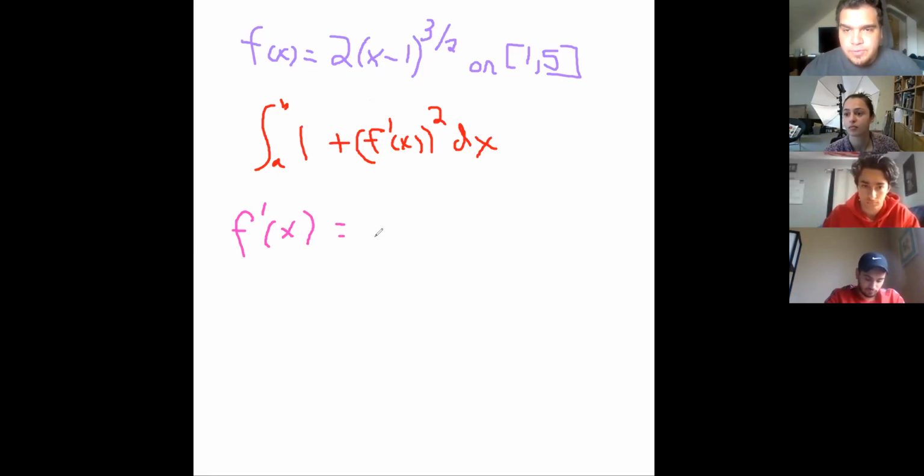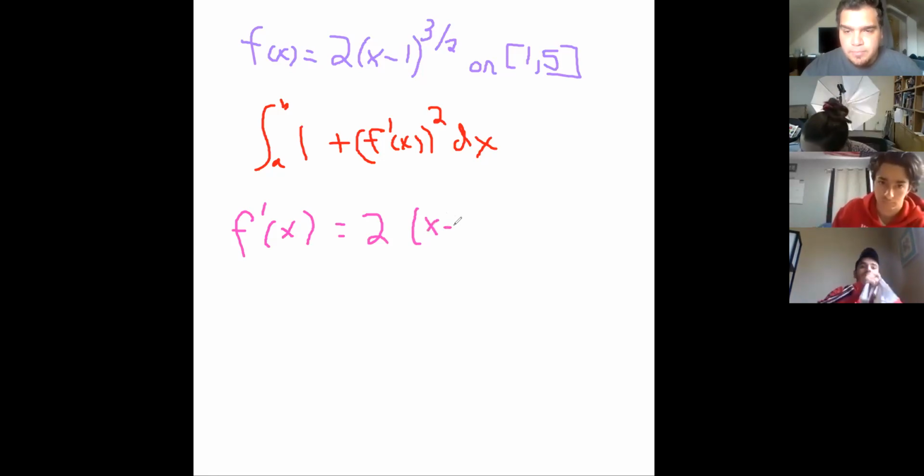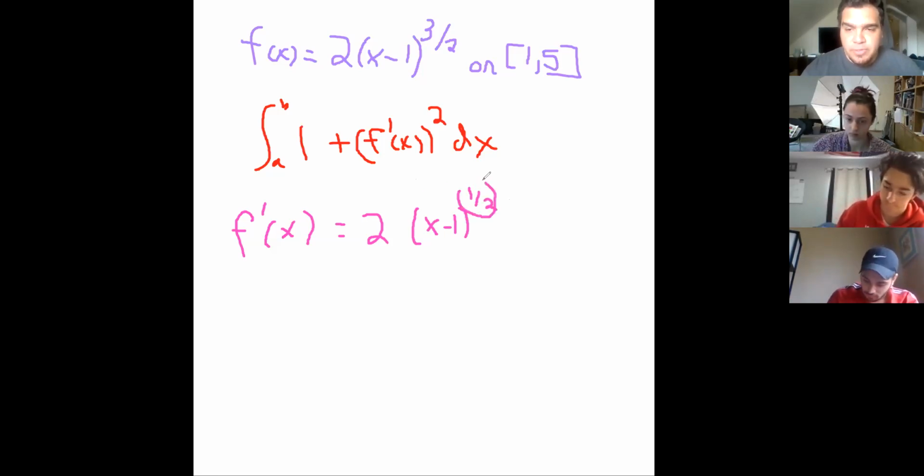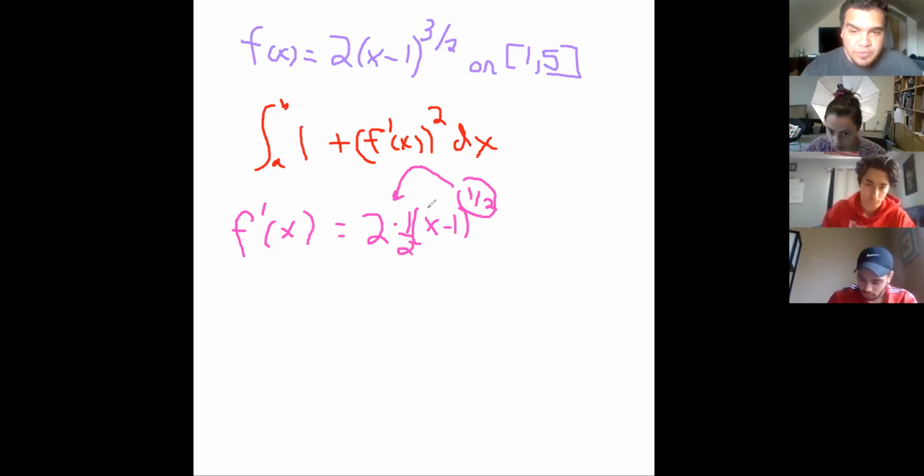When you have a derivative like this, you have to use the chain rule. So it's going to be 2 on the outside, and the inside stays exactly the same. Now the power goes down one level, so it's going to be 1/2. You subtract 1, and you multiply the old power in front. But because this was not just x, we have to do the chain rule.